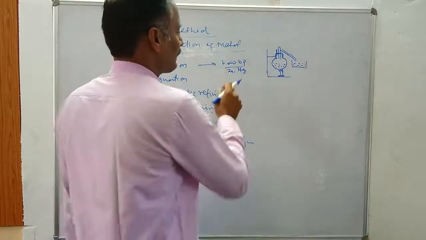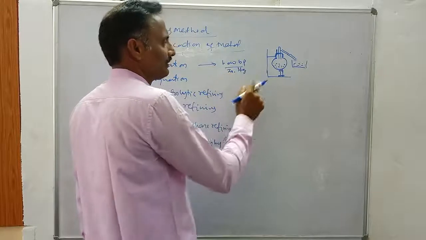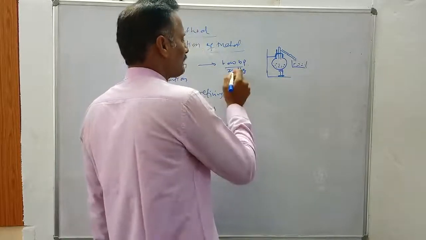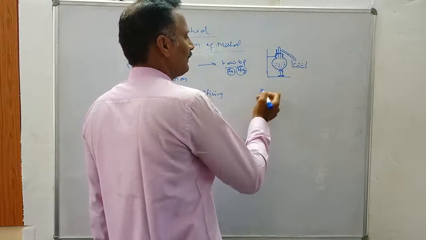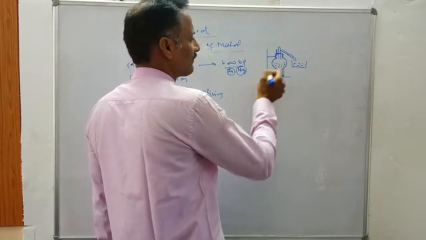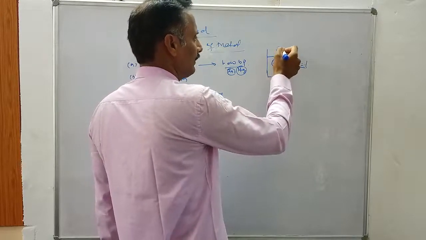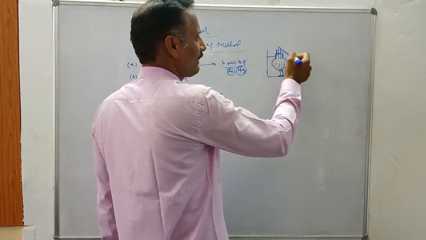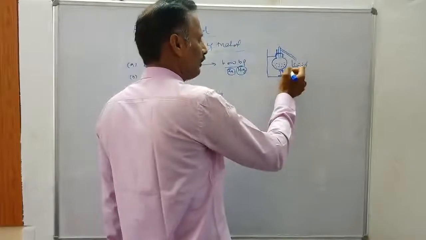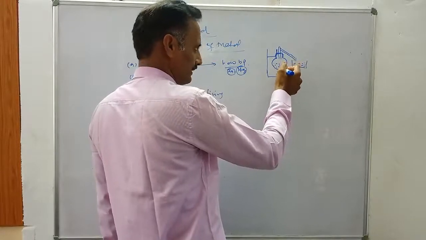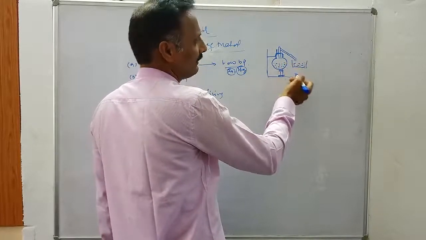When impure zinc or mercury is heated in a distillation flask, the low boiling metal vaporizes fast. The vapors are condensed and collected in a vessel, and the high boiling point metal is left behind in the flask.